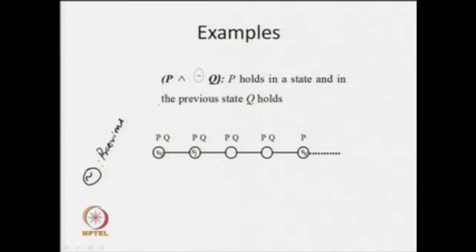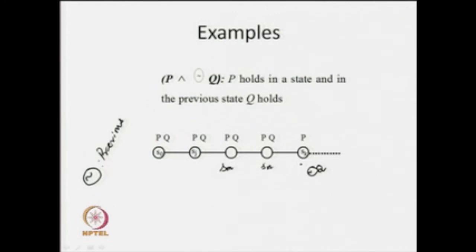So, if you look into this particular, this is a simple model that we are having. So, here if I am in this particular state, say Sk, you will find that in the previous state q is true. So, I can say that previous q is true in this particular state. When I am in this particular state, say again I am marking it as Sm and Sn.